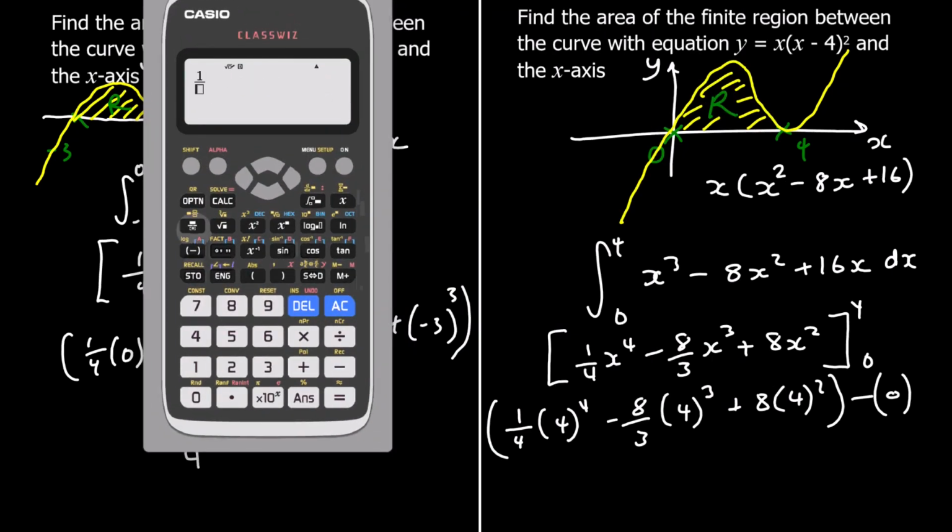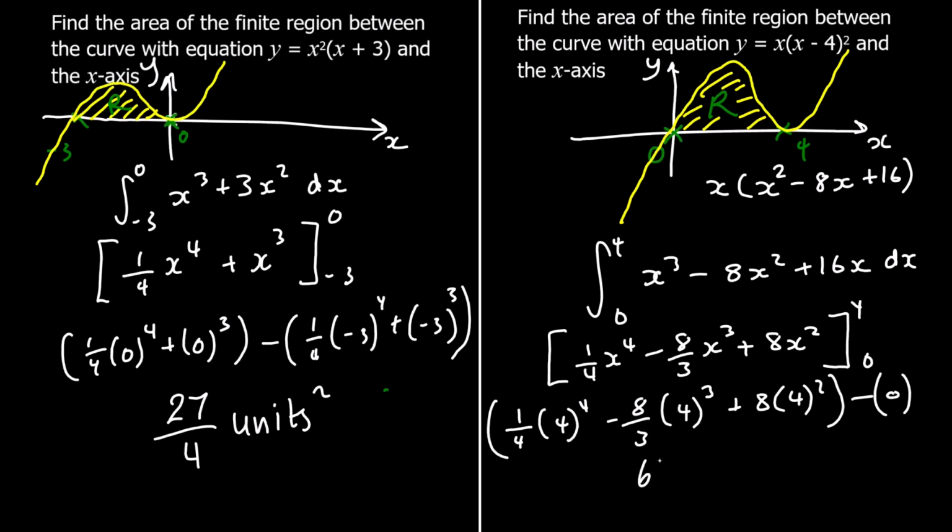So we have a quarter times 4 to the power of 4 minus 8/3 times 4 cubed plus 8 times 4 squared, which gives 64/3.